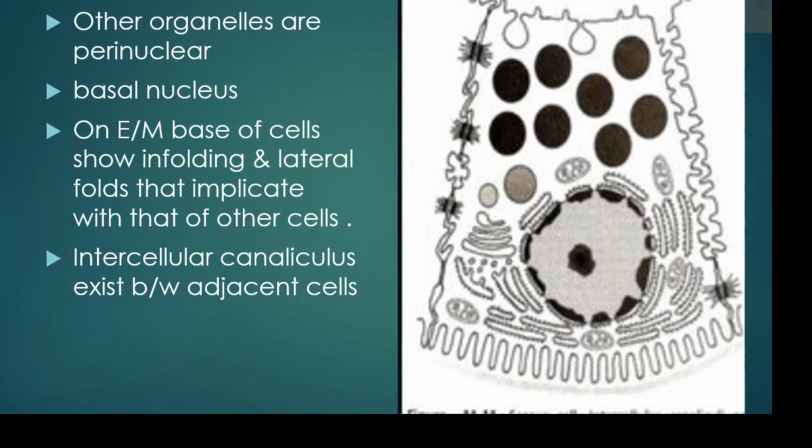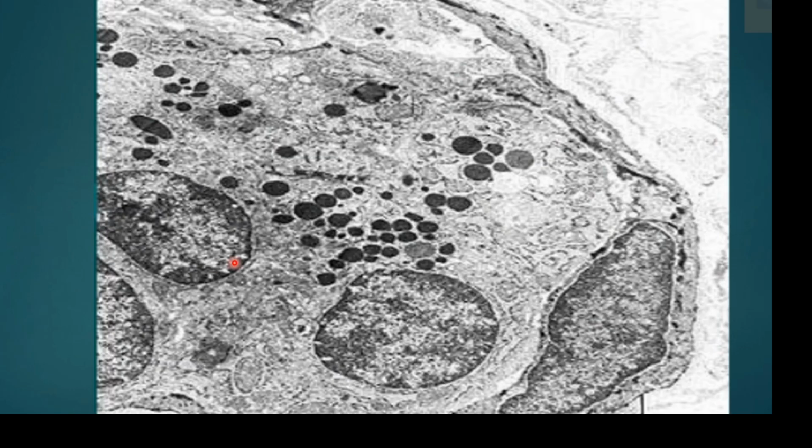You can also see other organelles are present in the perinuclear region, around the basally located nucleus. Electron microscopy shows basal infoldings and lateral folding that interdigitate with those of the other cells. Here you can appreciate this one as well. And an intercellular canaliculus exists between the adjacent cells. So this is the intercellular canaliculus which is present between the adjacent cells. Also the basal folding.